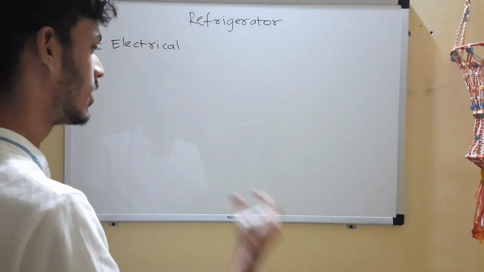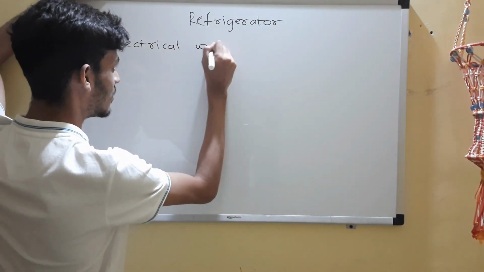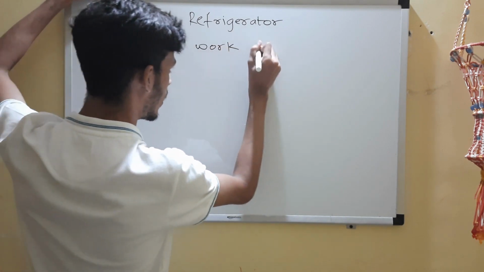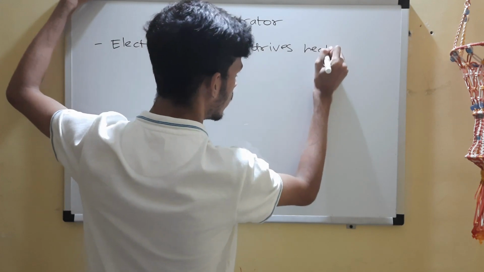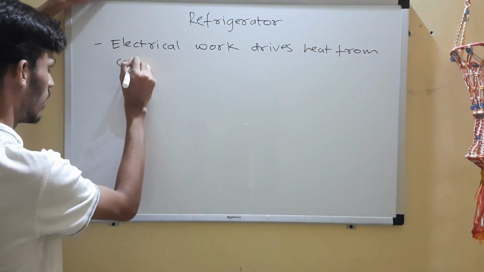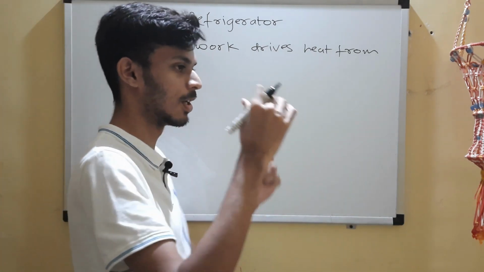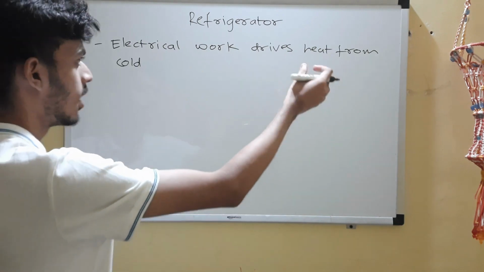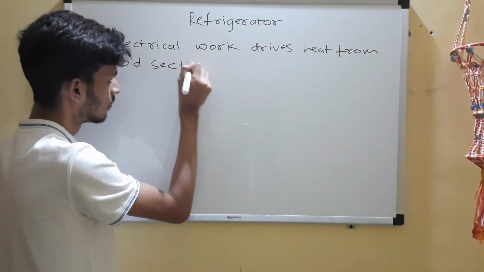If you don't have electricity, it won't do its job, right? So the point is that electrical work drives heat from the cold chamber to the surrounding. The work is done on the system, extracts heat from the colder section and throws it out to the surrounding.